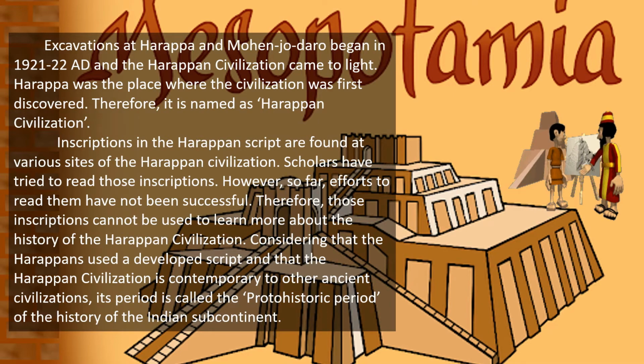Therefore, those inscriptions cannot be used to learn more about the history of the Harappan civilization, considering that the Harappans used a developed script and that the Harappan civilization is contemporary to other ancient civilizations. Its period is called the Proto-Historic period of the history of the Indian subcontinent.